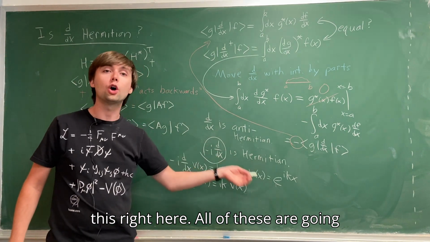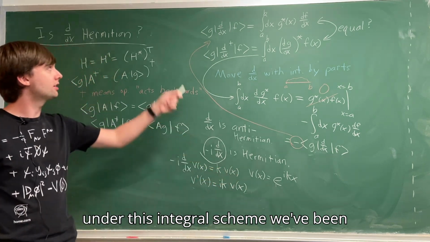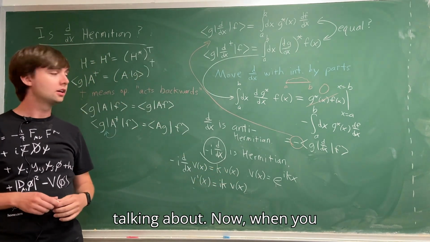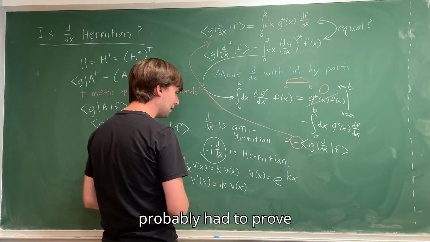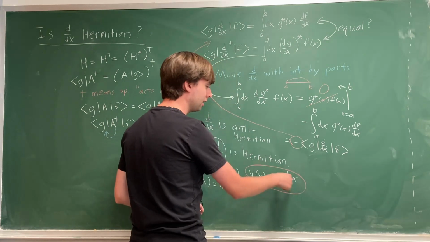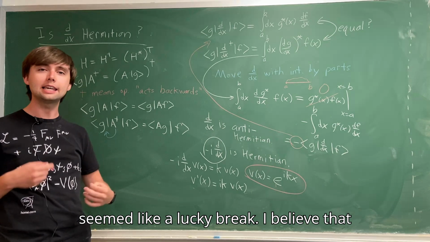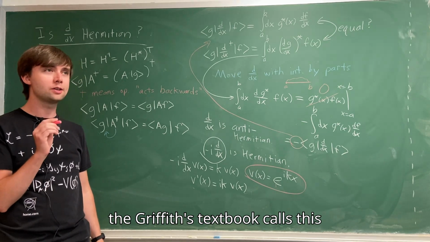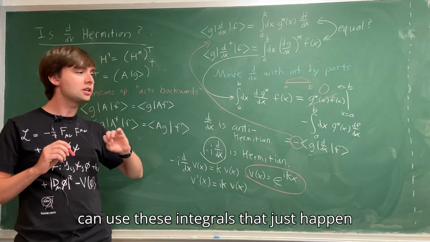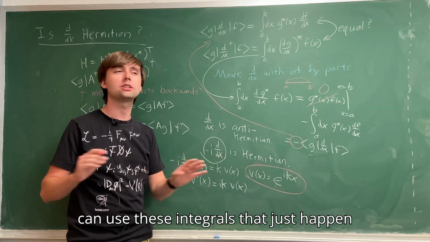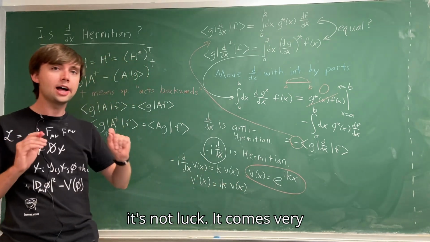Now, these are the sets of eigenvectors of a Hermitian operator, this right here. All of these are going to be orthogonal to each other under this integral scheme we've been talking about. Now, when you first saw something like this, you probably had to prove that all these e to the i kx's were orthogonal to each other, and it kind of seemed like a lucky break. I believe that the Griffiths textbook calls this Fourier's trick, that you can use these integrals that just happen to come out to 0 or happen to be orthogonal to get information out, but it's not luck.